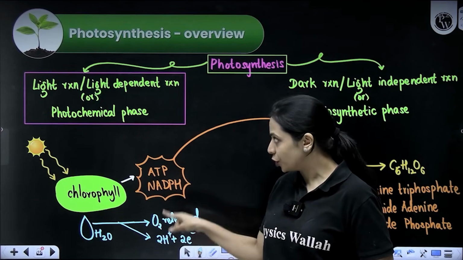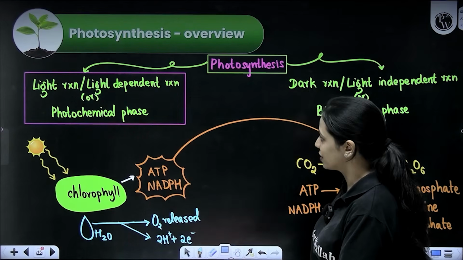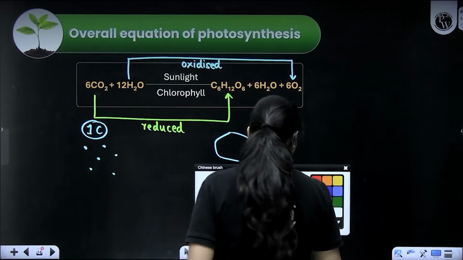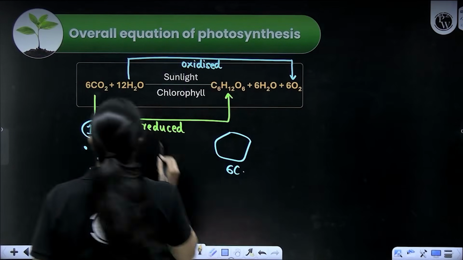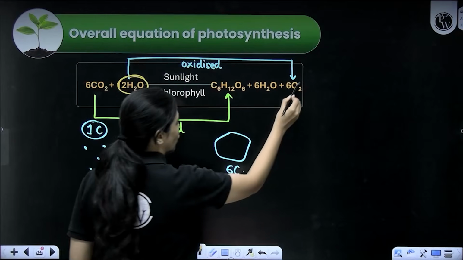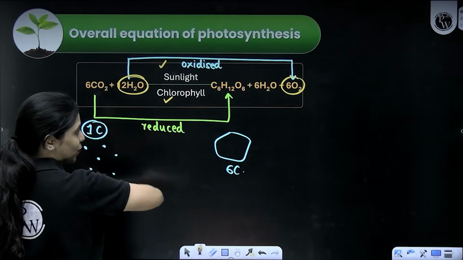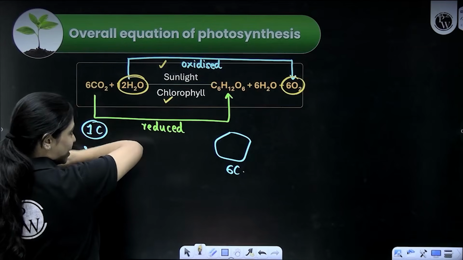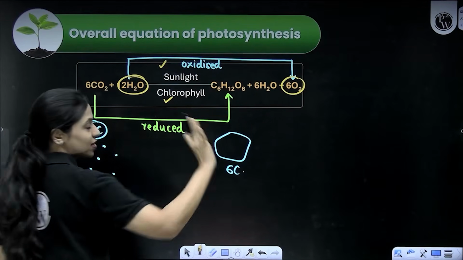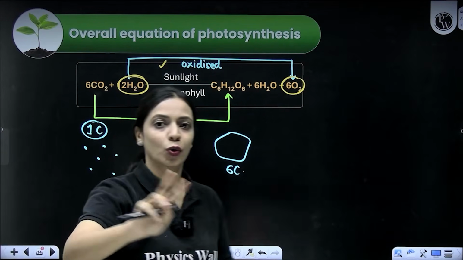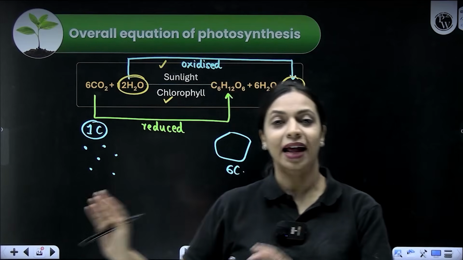So during the light reaction, water splits to form oxygen. Sunlight is trapped by chlorophyll to produce energy. Carbon dioxide is not yet touched upon. Glucose is not yet formed. Carbon dioxide and glucose have no role in light reaction.